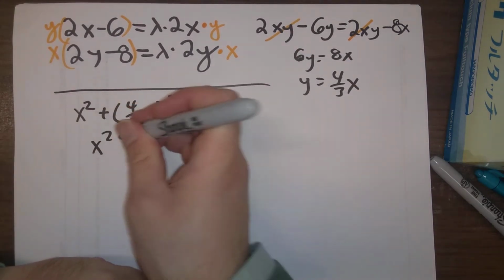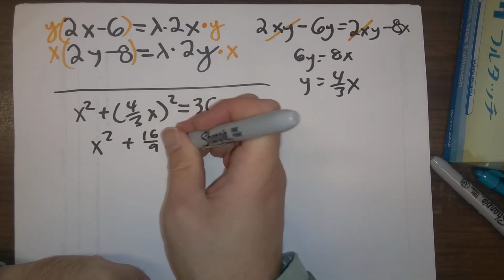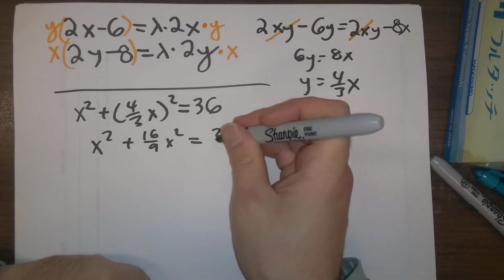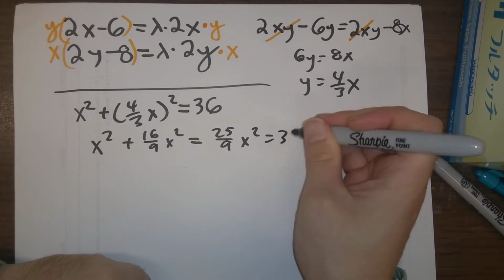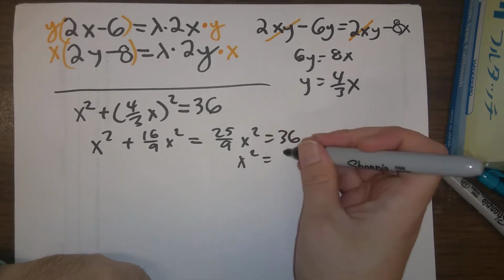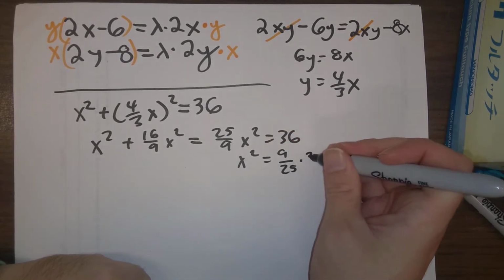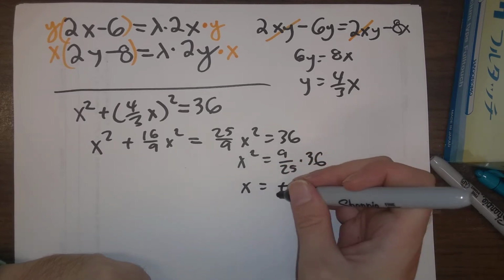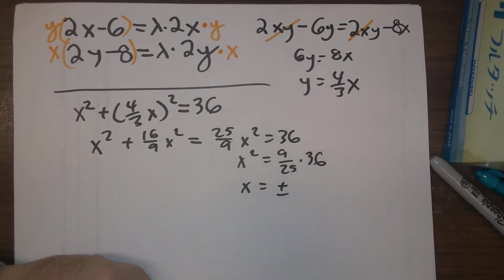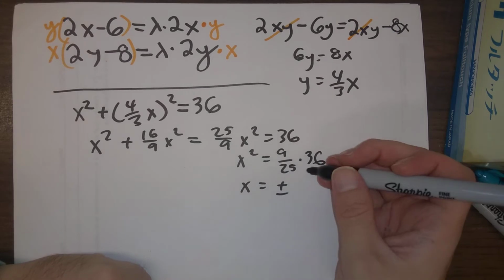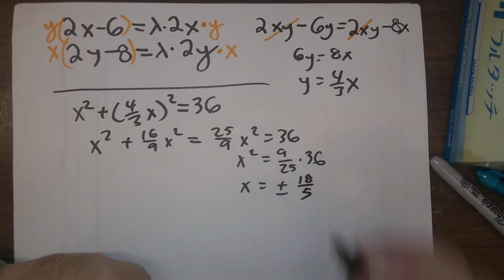So x squared plus 16/9 x squared is 25/9 x squared, and that's equal to 36. x squared is equal to 9/25 times 36. So x is equal to plus or minus the square root of that, which is 18/5.